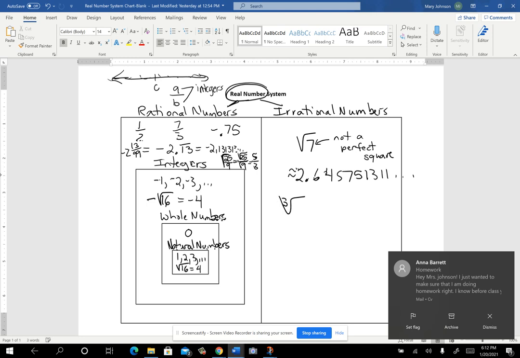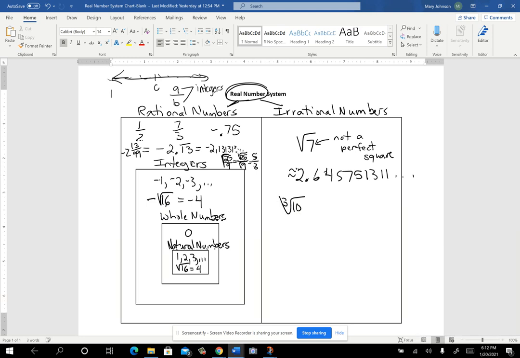Cube root of 10. Okay, that's not a perfect cube. So that's going to turn out to be a decimal that would go on forever, and the best I could write down would be an approximation. Cube root of 10 would turn out to be around 2.15 if I rounded to 2 decimal places, and then you'll see the whole screen of your calculator getting filled up.